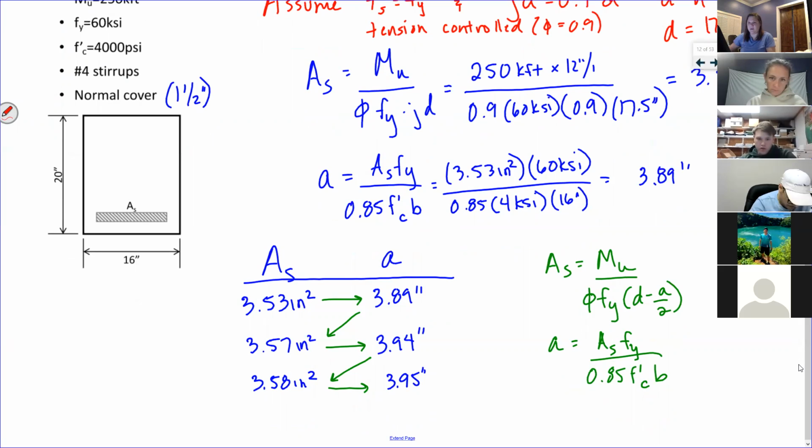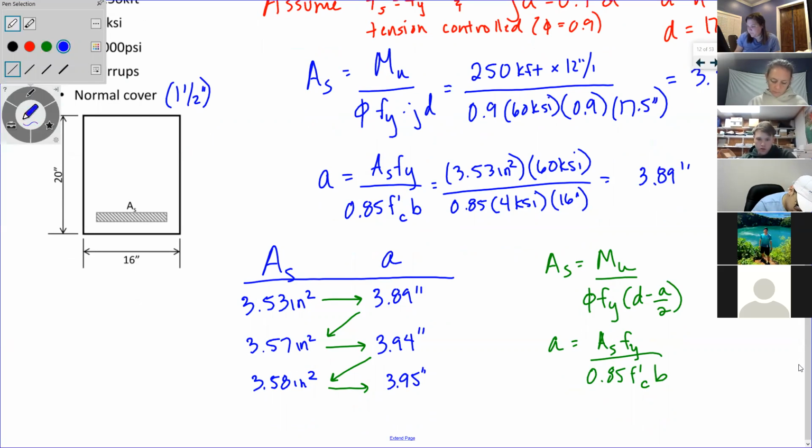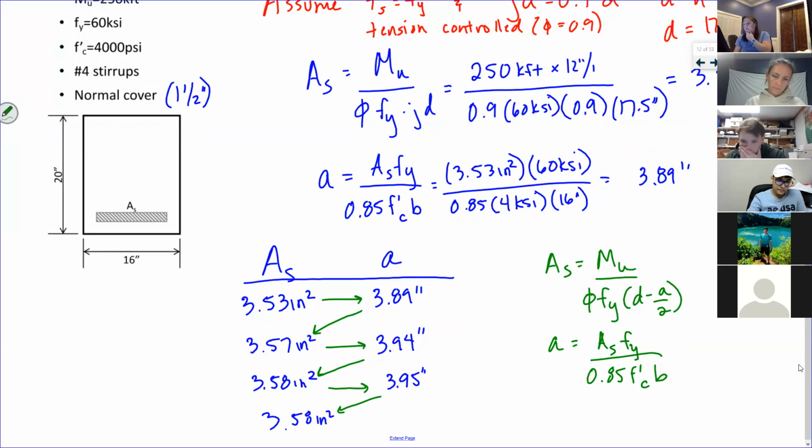This just gave me the same answer. I just got the same area in a row. Granted, 3.57 is not that different than 3.5, but that means it converged. It usually only takes a couple rounds. Sometimes it'll start off way different, and then by the second or third, it's converged.